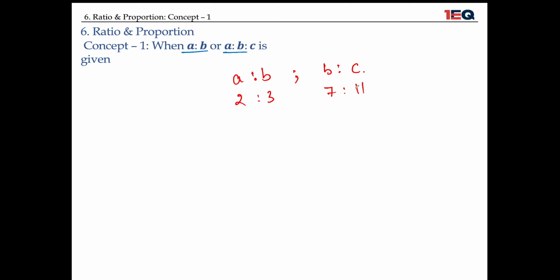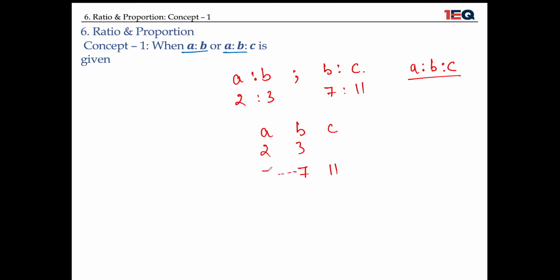So when the examiner asks me what is the value of A is to B is to C, what am I supposed to do here? I would write it in this manner, A, B, C. Then I would write 2 is to 3 because this is the first ratio. And I would write the second ratio over here, 7 is to 11.